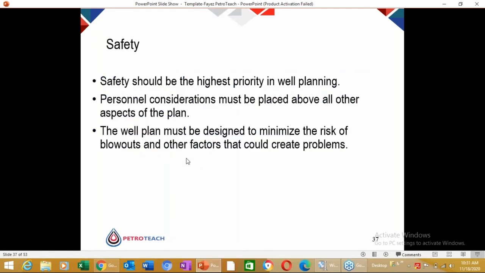Safety should be considered a very high priority in well planning. Personnel consideration must be placed above all other aspects of the plan. The well plan must be designed to minimize the risk of blowout and other factors that could create a problem.